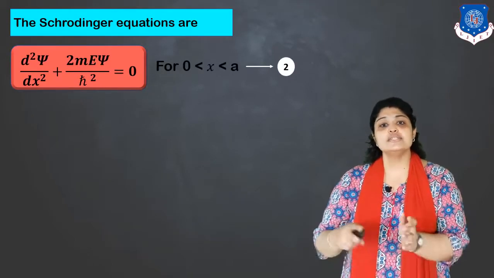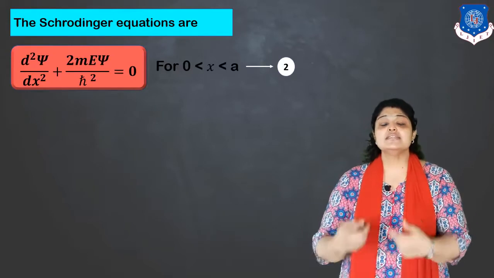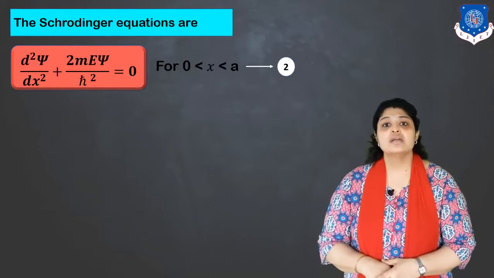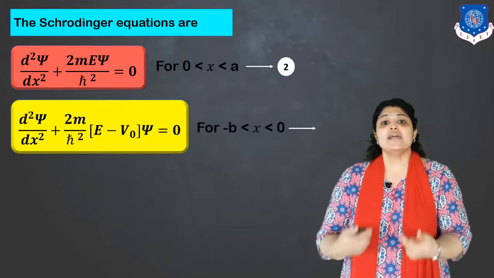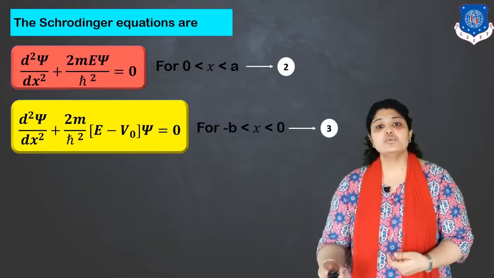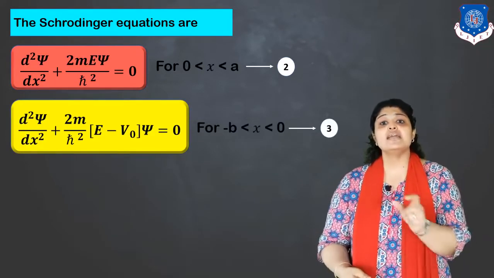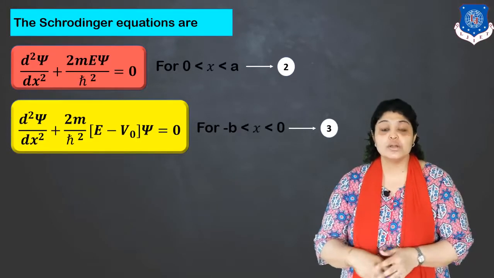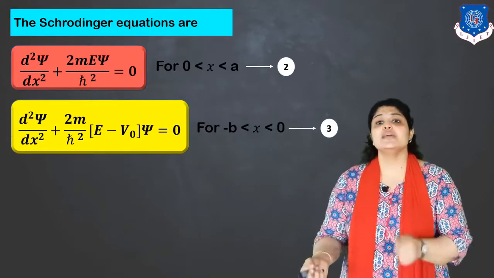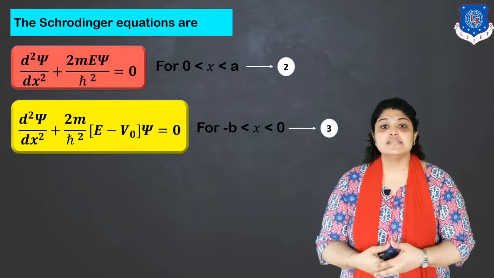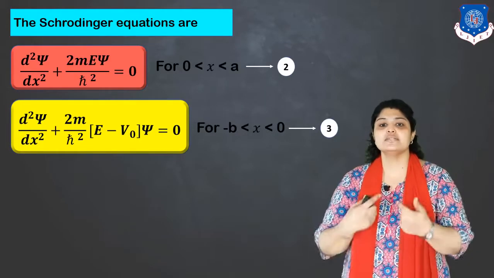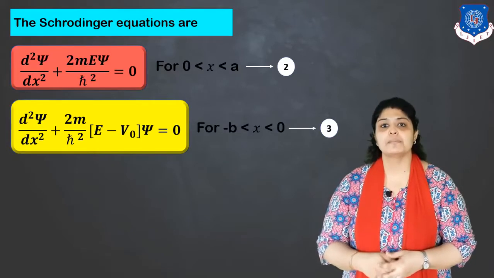This is for the region 0 to a where we consider V is equal to 0. The second Schrodinger equation can be written as d square psi by dx square plus 2m upon h cut square (E minus V0) psi equal to 0. Here V is not 0, instead it is maximum. This is for the region minus b to 0, where we have considered the potential to be maximum.